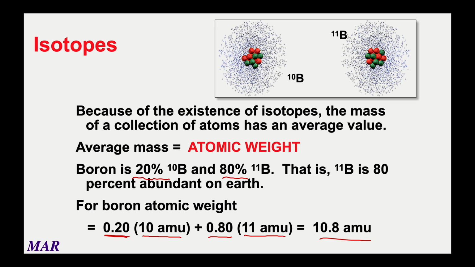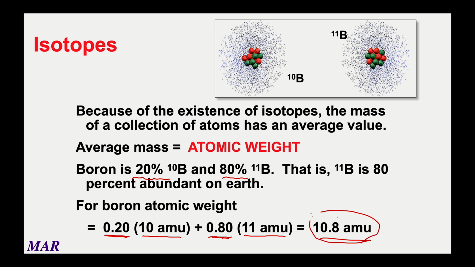So boron-10 is about 20%, or 0.20 of the time, and you add that to boron-11, which is about 80%, or 0.80 of the time. And this number, 10.811, that's the atomic weight of boron. And if you look on your periodic table, which hopefully you have next to you, the mass is something like 10.81 or 10.811.